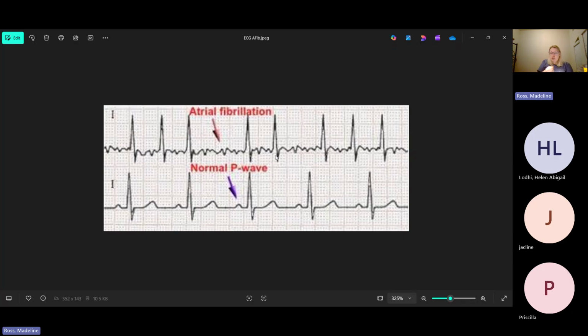This can become a huge issue when something called RVR, or rapid ventricular response, occurs. I could not think of the word rapid. So basically, the ventricles try to catch up with the signals that are being sent out.